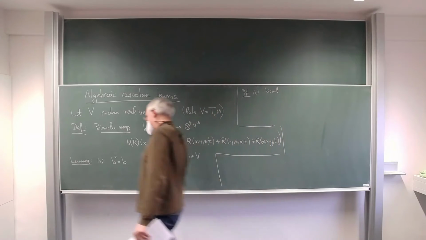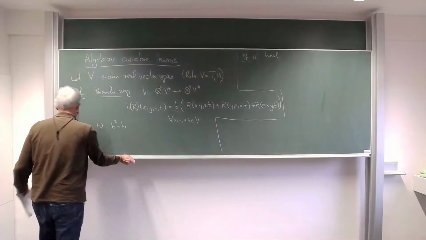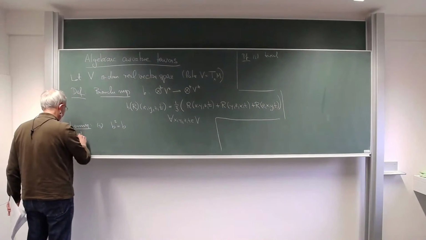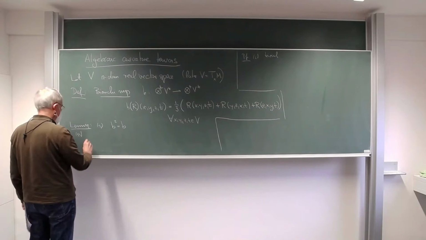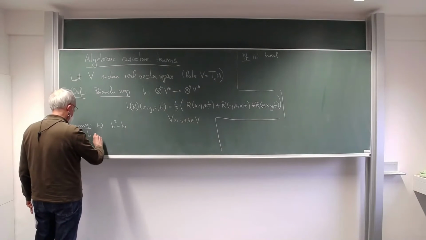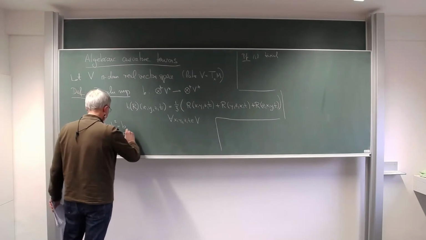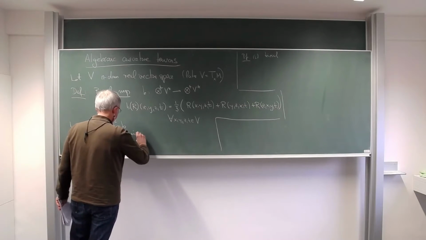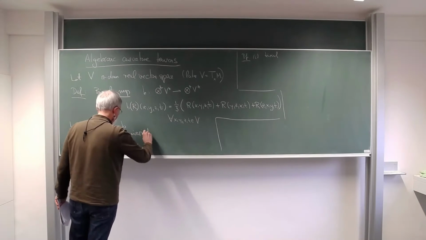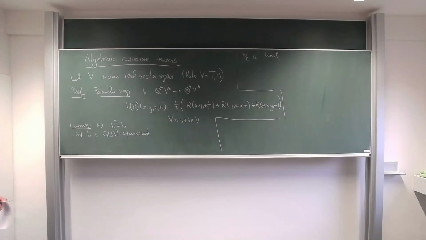Good. Alright. Now the next thing is that this map B is GL(V) equivariant. So what does that mean?